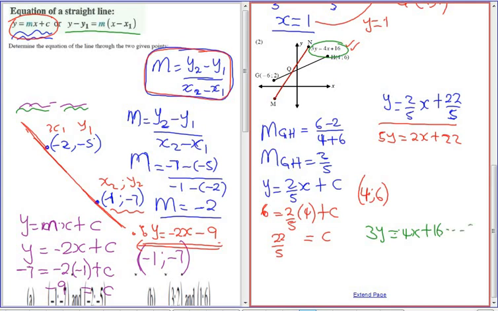Let's call that one our equation 1. And this one, because we want to do the substitution method, it would be wise to leave y alone like this and make it 2/5 x plus 22/5, and call that one our equation number 2. It appears as if I called both of them equation number 2. Let's call this one equation number 1.